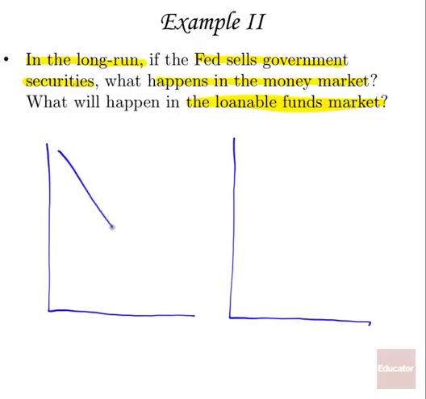So take a look here. This is MD1, and this is the quantity of money. Again, to get that squared away, this is the money market, and here is the market for loanable funds.